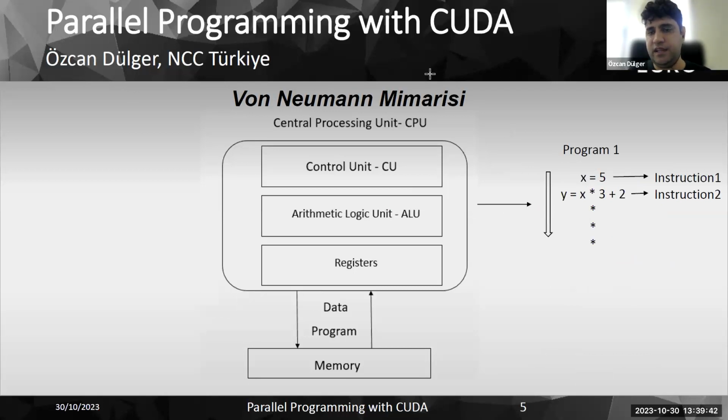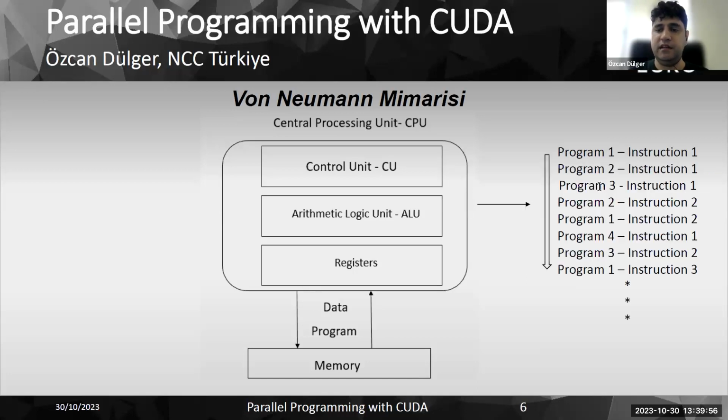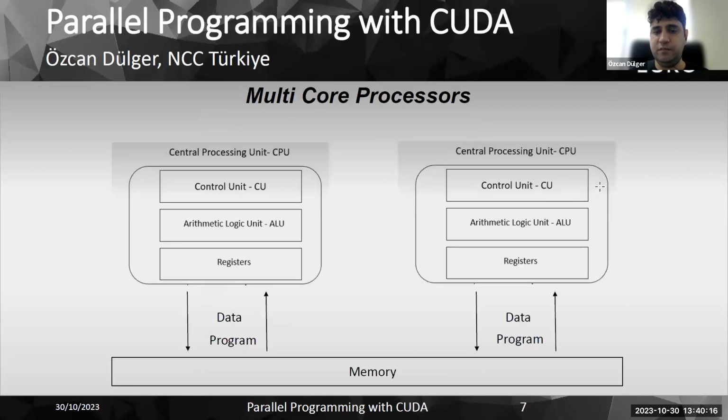Let me show you a simple example here. We have a program and it has many instructions. These instructions are executed on the central processing unit in a serial way. Here, more than one program can be executed simultaneously, but still it is a serial execution. The instructions of programs can be executed in a random fashion on the central processing unit.